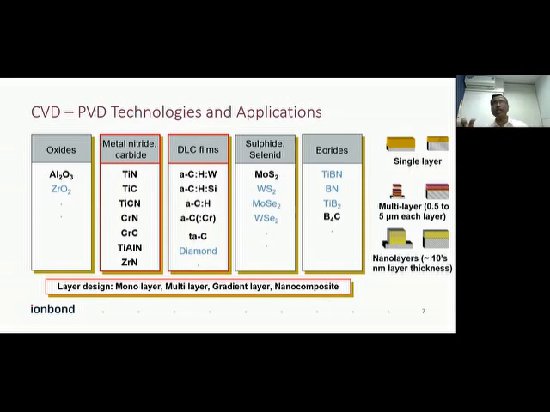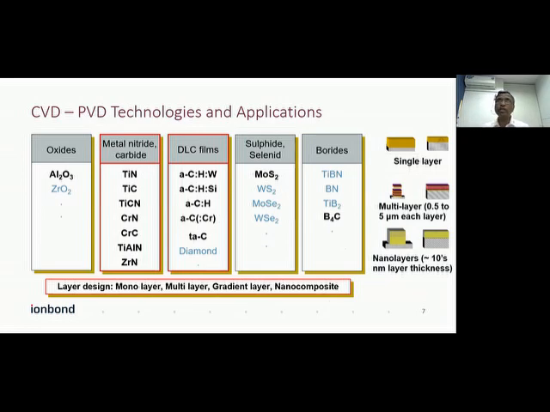If we have a single layer which is a thick one, then the crack propagation is big, and it goes directly to the base substrate or base material, and whatever coating is there just gets popped off the surface, and then we don't have wear resistance on the surface. So sometimes a single layer is not advisable. Then over a period of time with research, people started using multi-layer coatings.